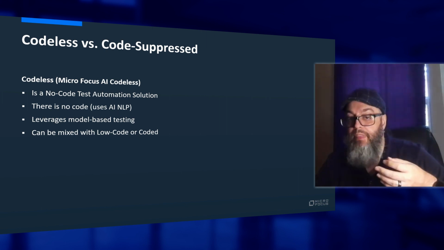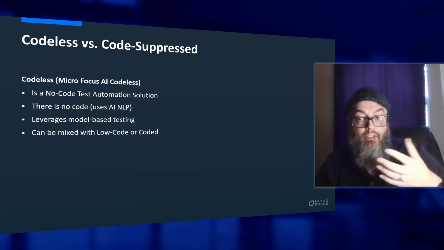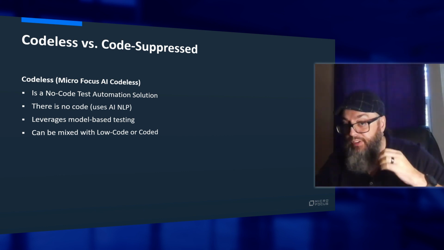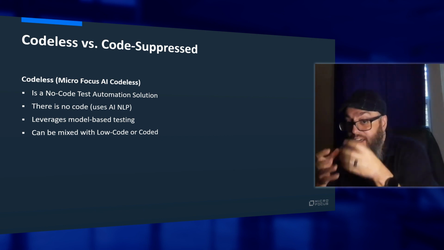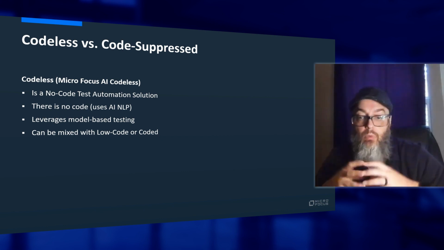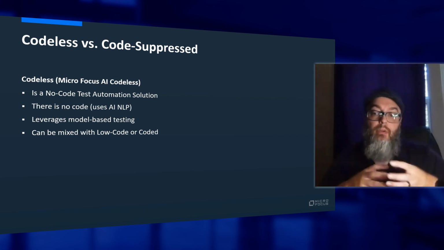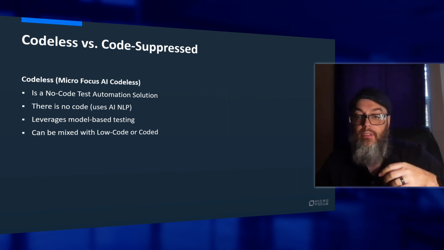This means that when you run into a situation where you really need the flexibility of a low-code solution for a specific business process, you can go and implement that individual business process with your low-code UFT One scripts, and then have all the other business processes leverage the benefits of no-code or AI Codeless scripts.